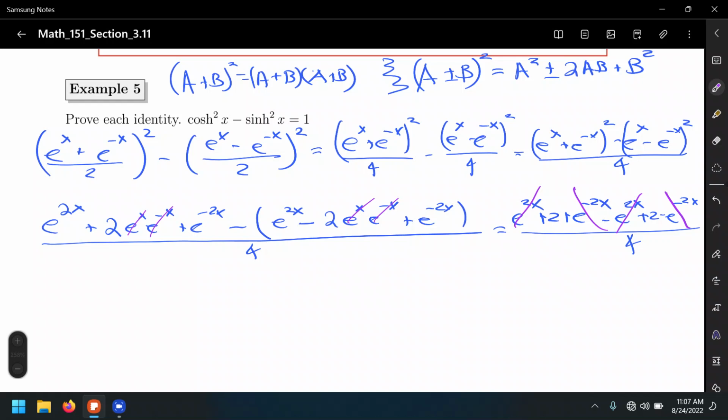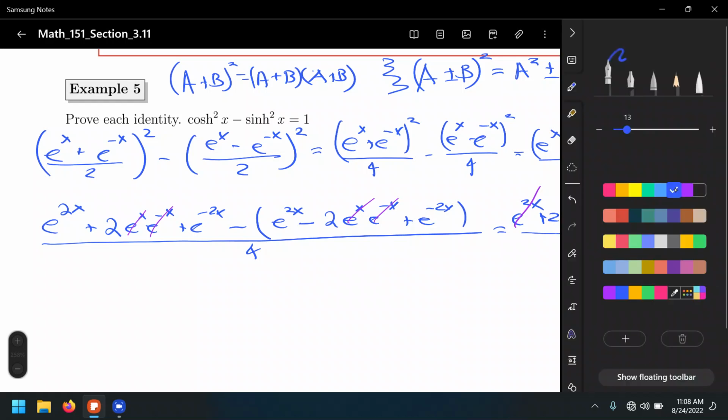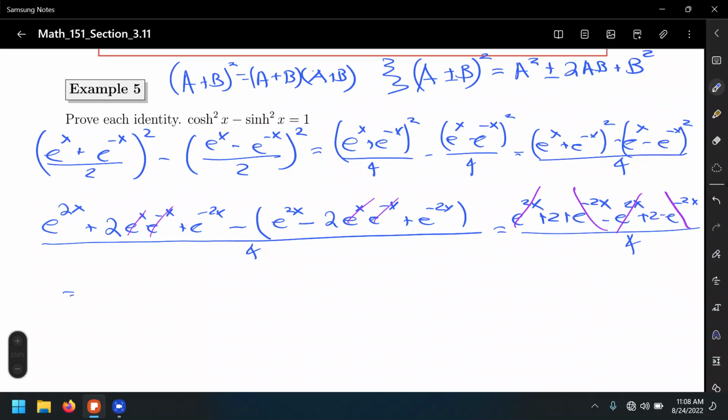Well, the only terms that survive the simplification are the 2's. So we would end up with 2 plus 2, which equals 4. Divided by 4, what's that equal to? Isn't that what we wanted to show from the identity? Okay, so yeah, that's the usual process of proving an identity.